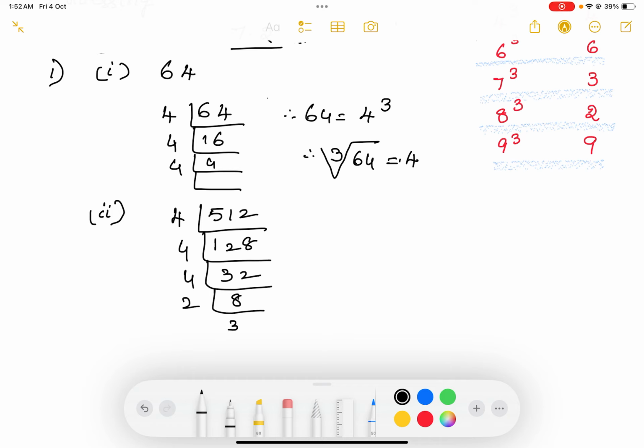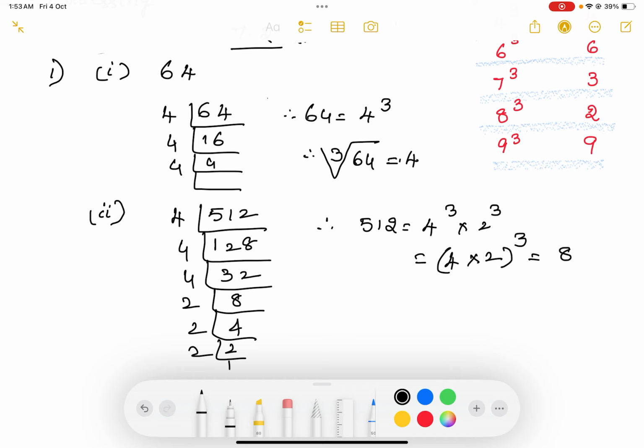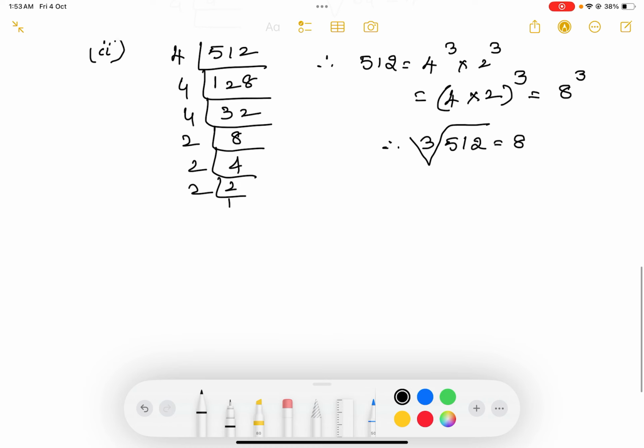Now we know that 8 is the cube of 2. So it is 2 fours, again 2 twos. So 512 is given by 4 three times and 2 also three times. You can write this as 4 multiplied by 2 the whole cube, that is 8 cubed. Therefore the cube root of 512 is equal to 8. So this is the second question.